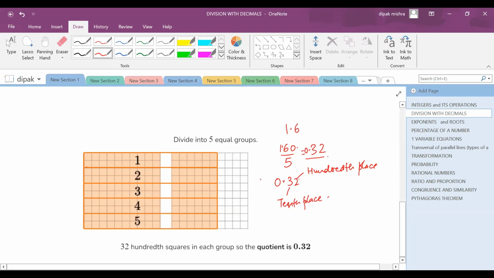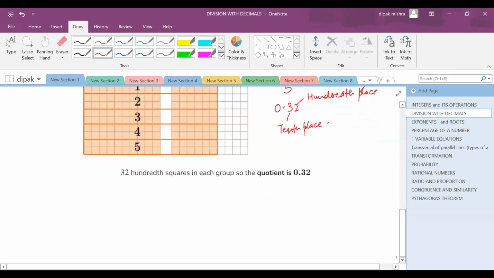right? So similarly, every number cannot be done like this, right? So then you understand the process of division. So if I say 3.18 divided by 6, basically what we are doing is you divide 318 by 6 and you get 53.